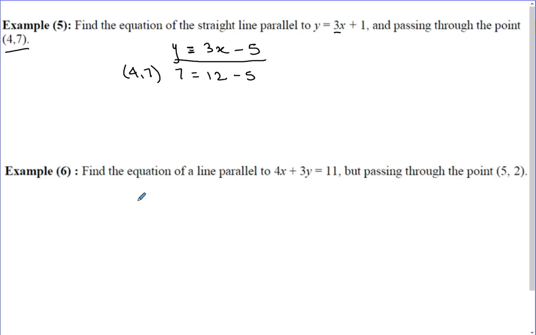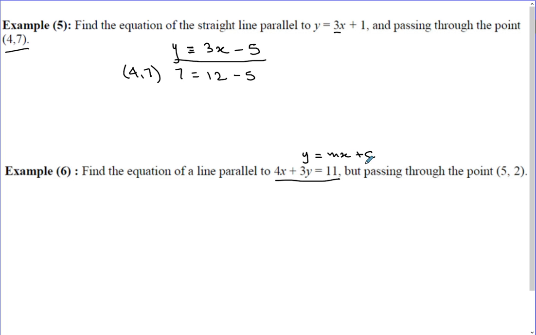Find the equation of the line parallel to 4x + 3y = 11 and passing through the point (5, 2). Now here, remember, when you want to find your gradient, it has to be in the form y = mx + c. So it has to be in that format.